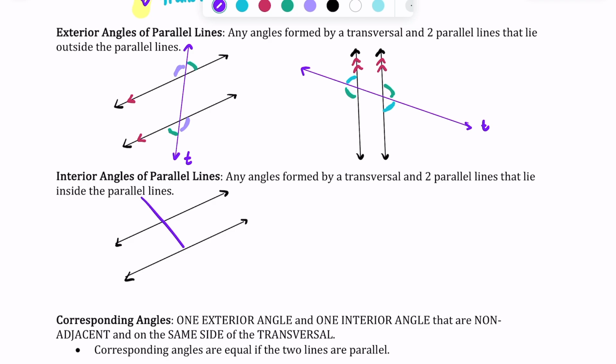I'm labeling my transversal, I'm indicating my lines are parallel with those symbols. But in this particular case, my interior angles are going to be the ones inside my sandwich. 1, 2, 3, 4.